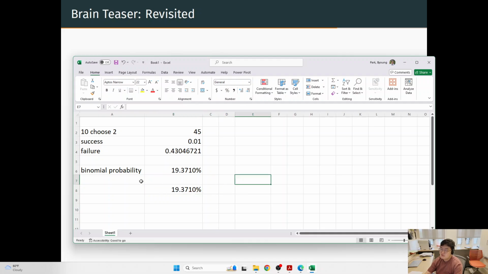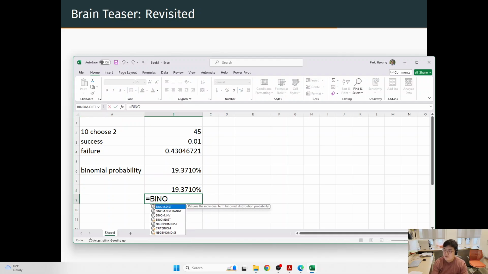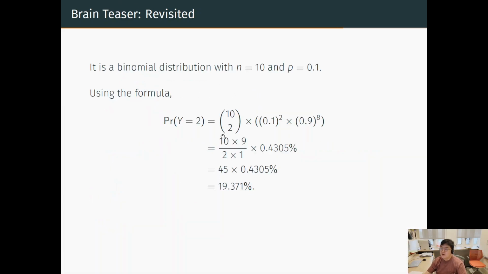So you may use the original formula or this binom.dist formula. This formula will implement the original formula. Okay, so you get the result.